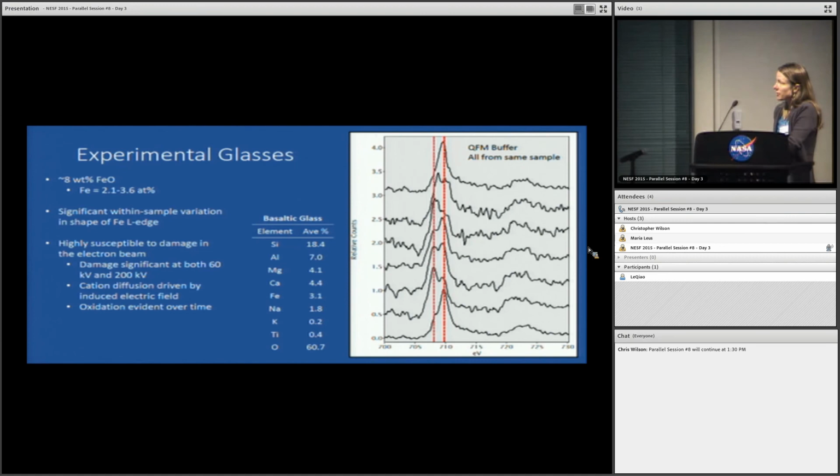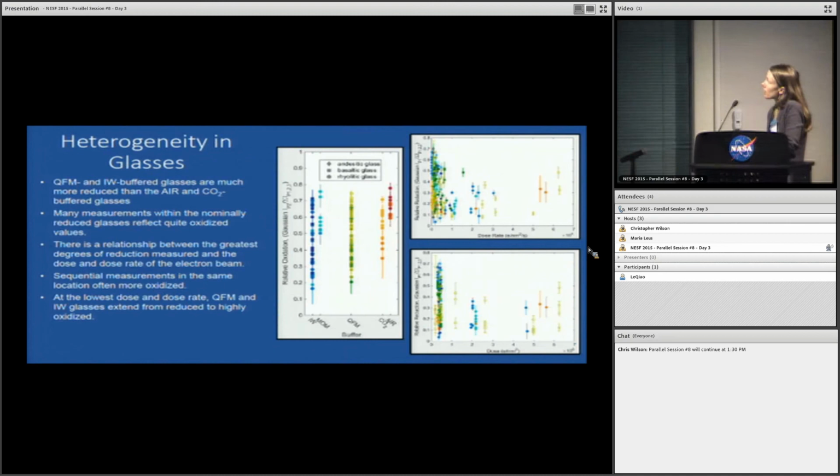They're highly susceptible to damage in the electron beam. Any kind of the beam dwelling on them for any period of time at all has very distinct changes to both the composition and the oxidation state. But even filtering without that, there's significant heterogeneity.